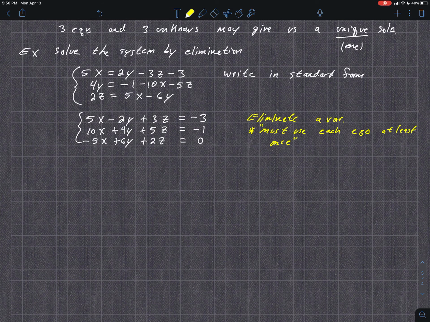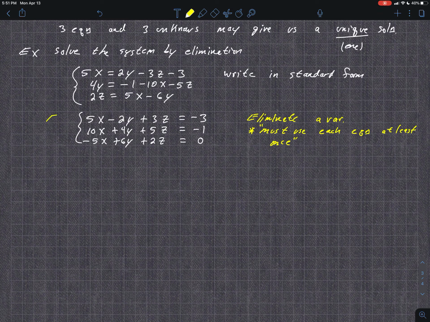You're going to eliminate a variable, then you've got to do it again so that you use each equation once. So for here, what could you add together and eliminate? Yes, you can see equation 1 and equation 3. If we add those, you get to eliminate the x.